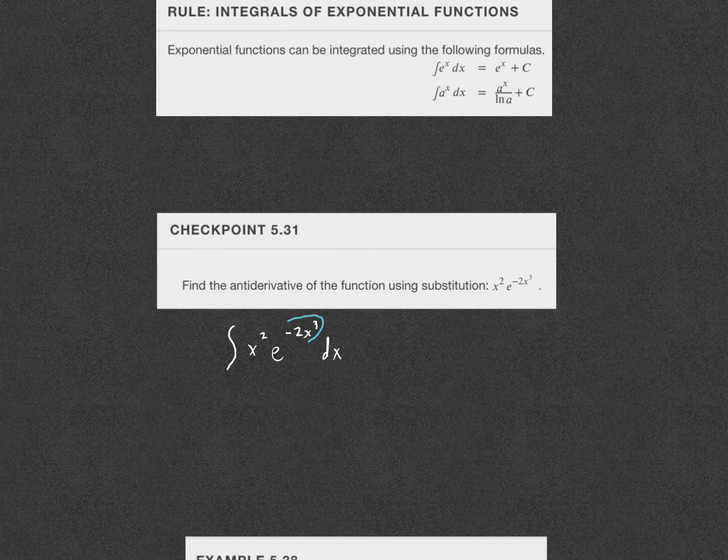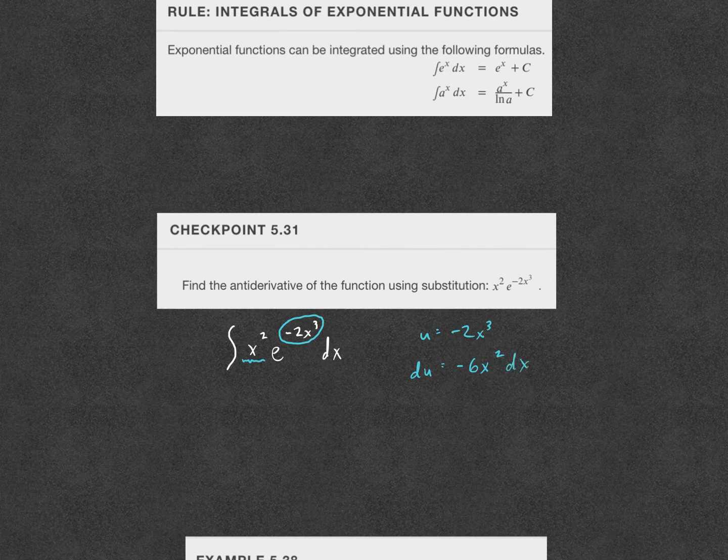Up here in the exponent, negative 2x cubed, its derivative is kind of down there in front. There's a constant that we'll deal with, but that's the thing that we need to start seeing to help us to do the u substitution. So we're going to say u is equal to negative 2x cubed, and then its derivative, du, the exponent comes down, and we get negative 6x squared dx.